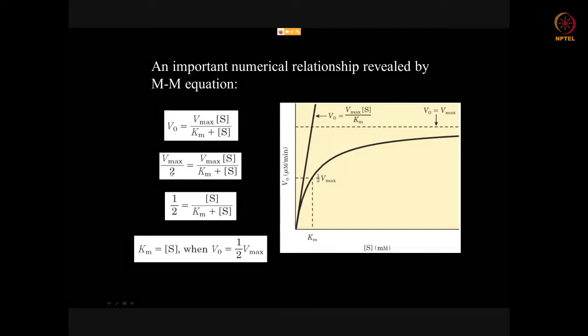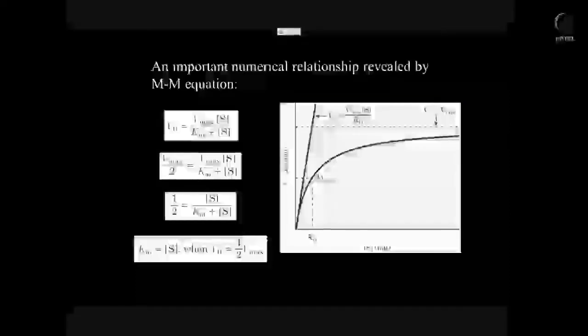So if V0 equals half of Vmax, then if you substitute that value here as well, and cancel these two Vmax, then half equals S by Km plus S, so that eventually tells you that Km is actually S. Right, so then only it will be half.